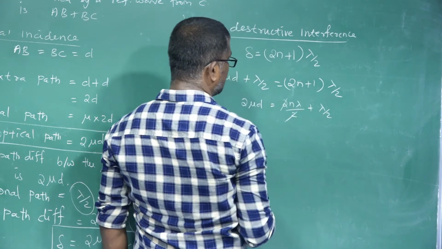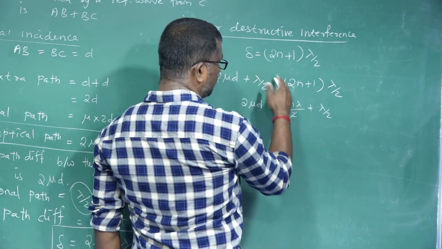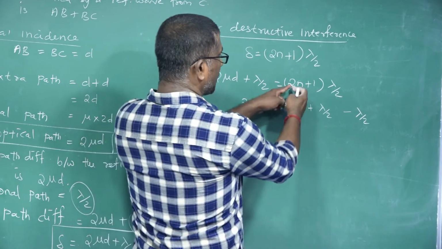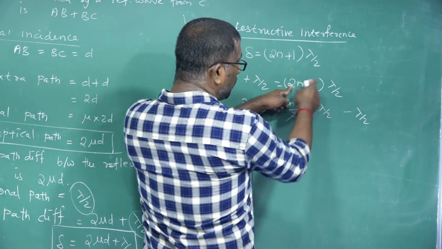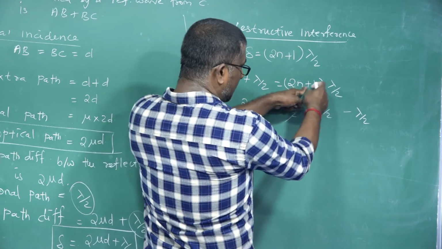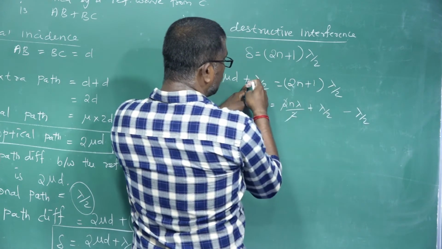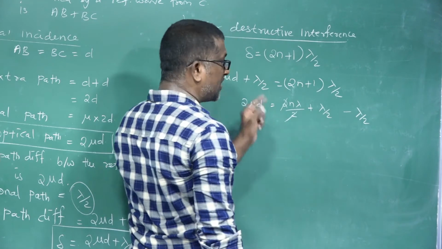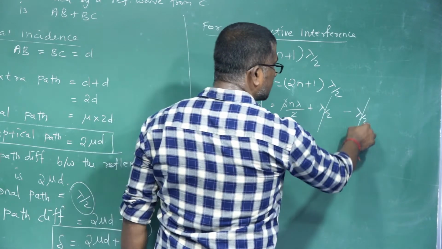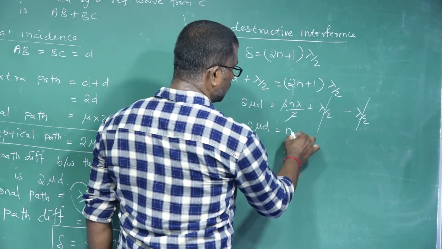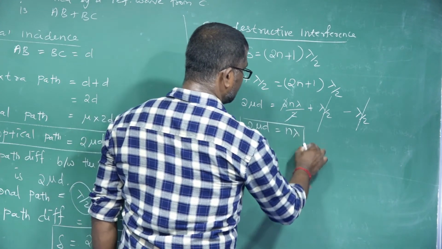The 2 cancels, and the lambda by 2 taken to this side becomes minus lambda by 2. So plus lambda by 2 minus lambda by 2 cancel, and 2 mu d is equal to n lambda.